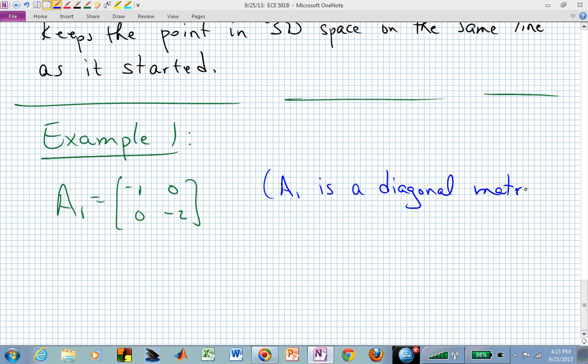This is about as easy of a matrix as you can get. It's going to start acting almost like a couple of scalar problems. They're disconnected or independent. A1 is a diagonal matrix, and the fact that it is diagonal makes it very special, or maybe nice.